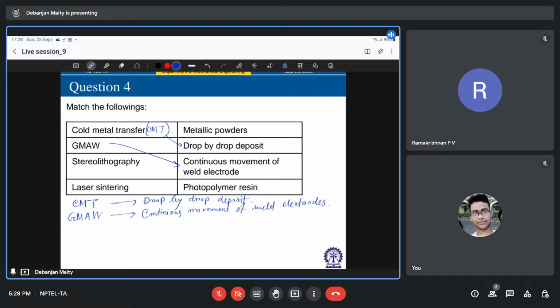Now, in terms of stereolithography and laser sintering, what can we see? Stereolithography is widely recognized as a 3D printing process, which is a laser-based process, of course, and it works mainly with photopolymer resins.